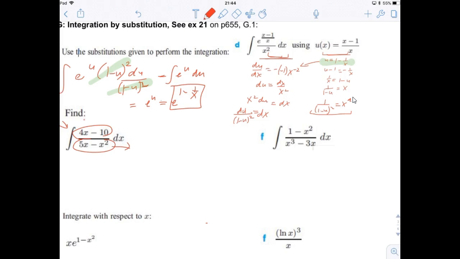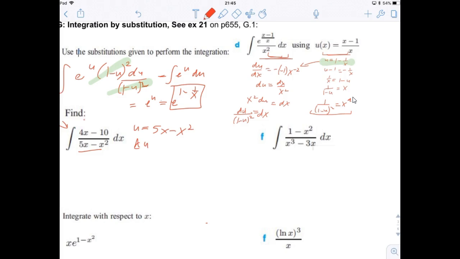If I take the derivative of the bottom, I would get negative 2x plus 5. And you see how negative 2x plus 5 is kind of a multiple of that one? So it looks like our u substitution could be the denominator here. So I'm going to do a u substitution of 5x minus x squared.